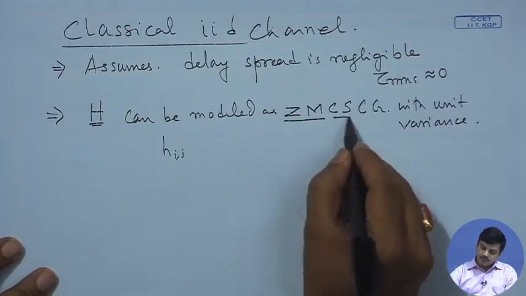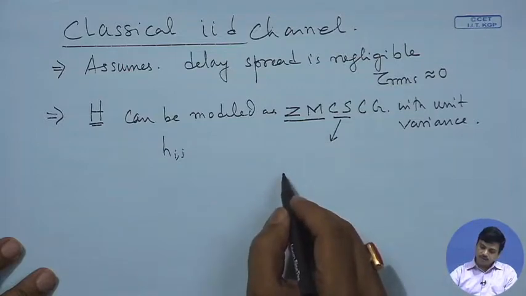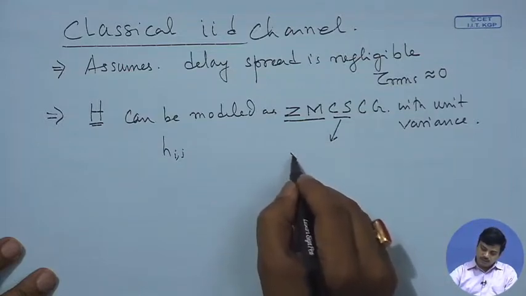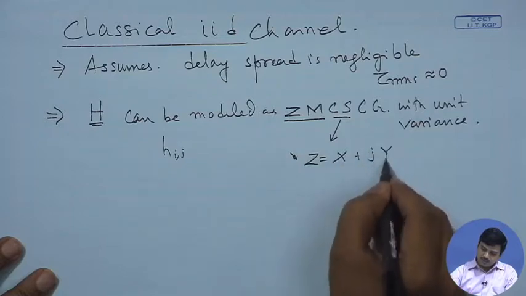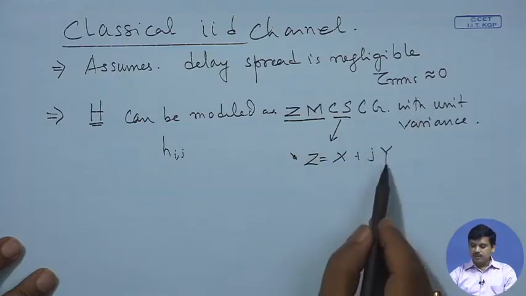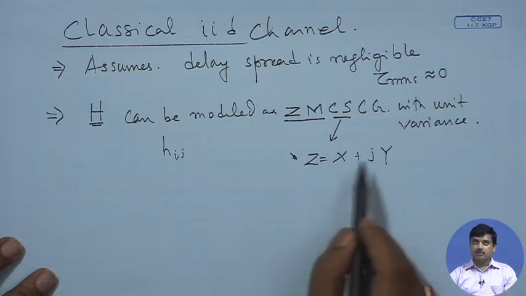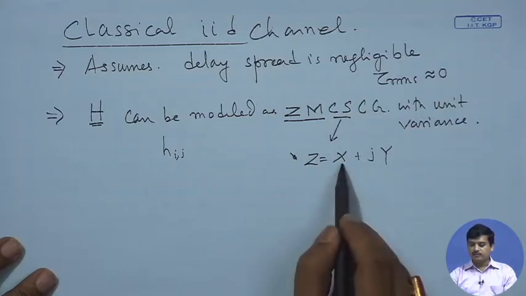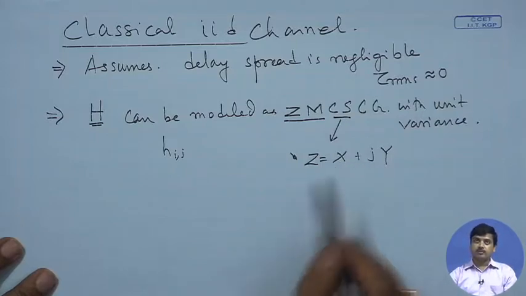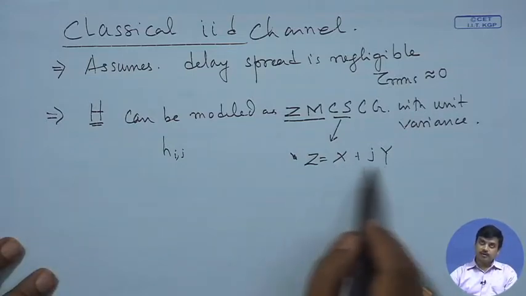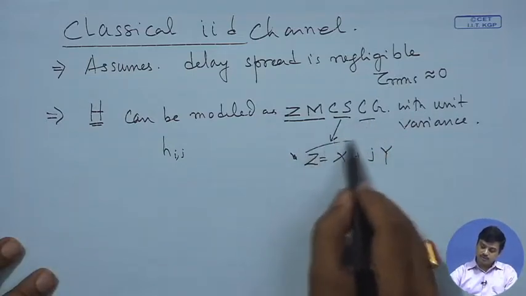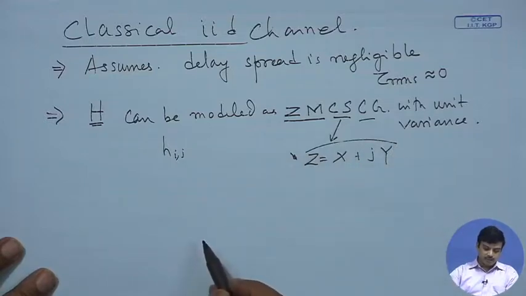Circularly symmetric would mean that it is complex Gaussian. That means if z is represented as x plus jy, these are real Gaussian, they have 0 mean as well as the same variance, and they are independent of each other. And complex Gaussian is of course this particular expression.